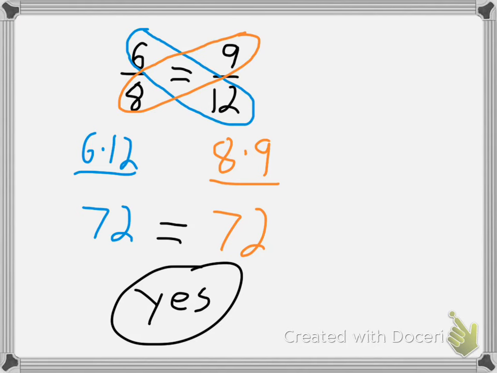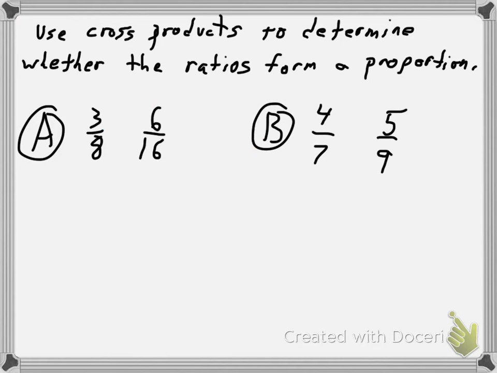So let's move on. Now, we want to use cross products to determine whether the ratios form a proportion. Again, this is really the important part of this video. We want to make sure that we can use cross products and know how it works. So in this case, we want to use cross products to determine whether the two ratios given in the example can form a proportion.